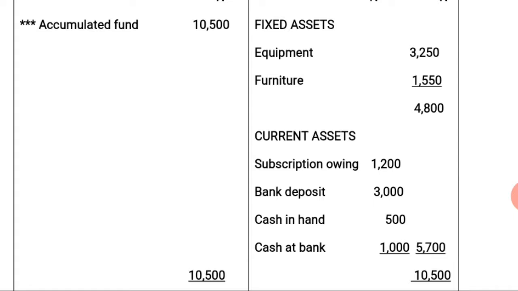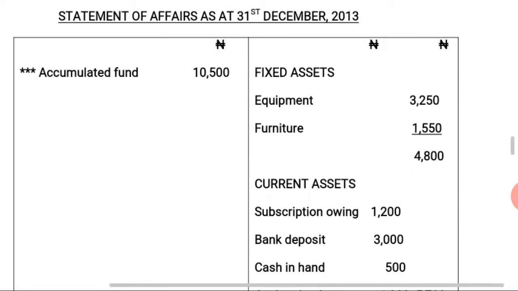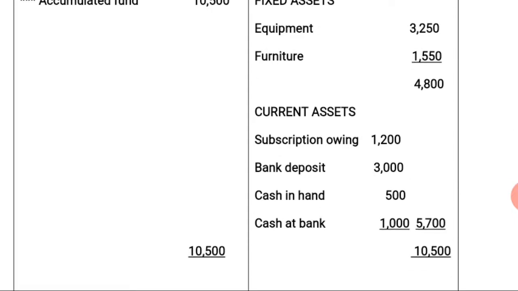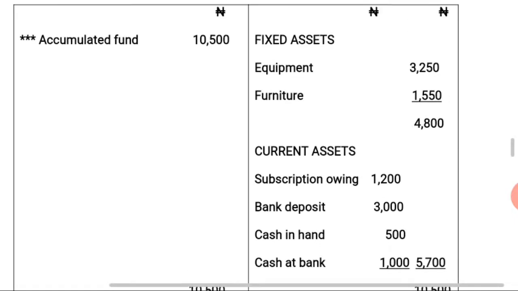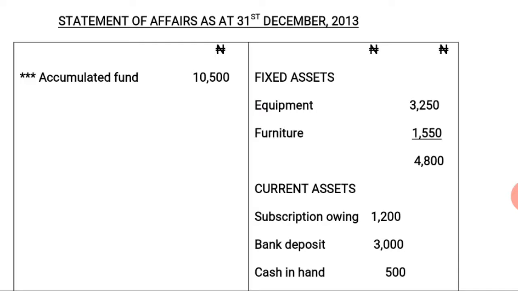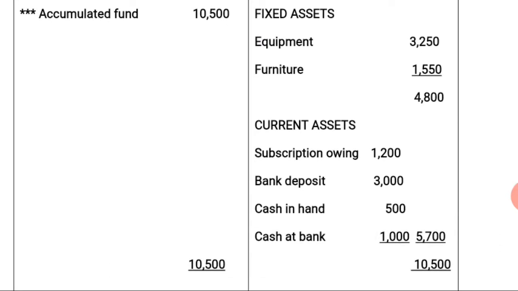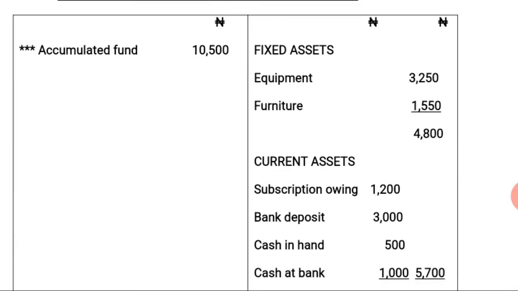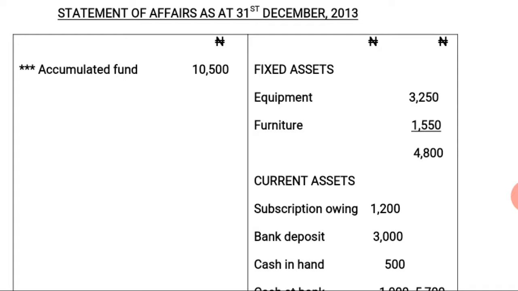So since there was neither long term nor current liability in the question as at the beginning of the year, therefore the total amount of our assets, which stood at 10,500 naira, will be used as the accumulated fund, since we don't have any liability.